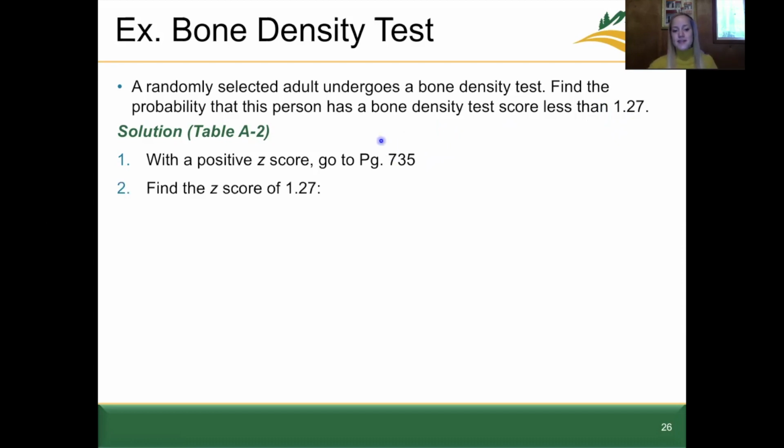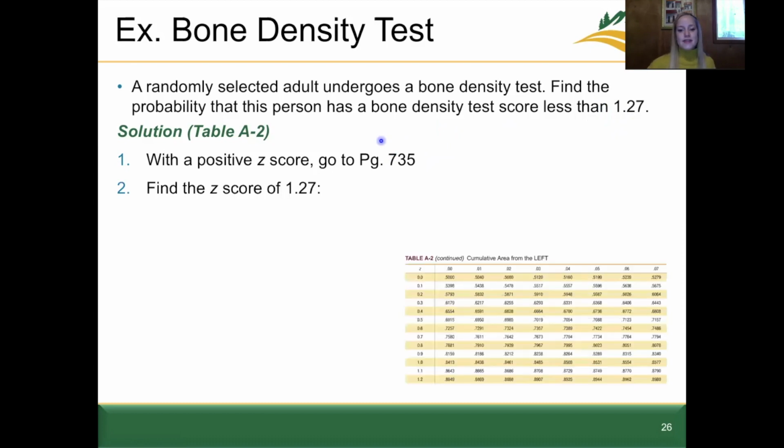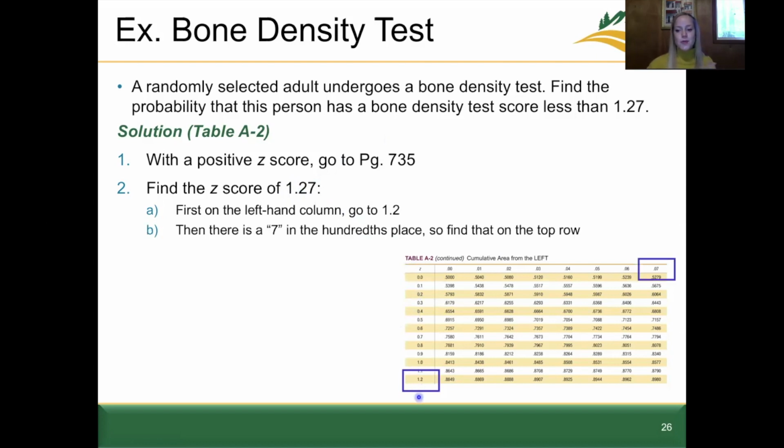To find our z-score of 1.27, we first look at the digit in the ones place and the digit in the tenths place, so 1.2. We go to this left-hand column to 1.2. Next, we go over to whatever value is in our hundredths place. Here, 7 is the digit in the hundredths place, so we go over to 0.07.